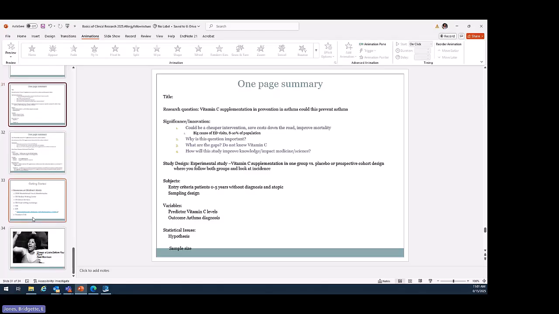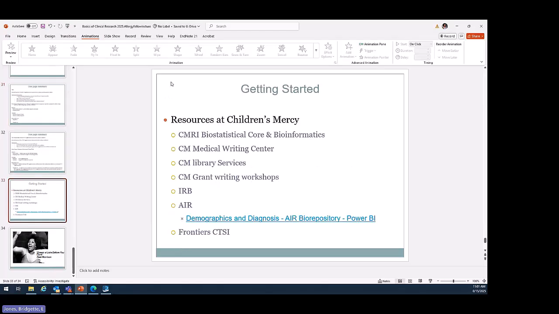So with that, I just wanted to share some resources at Children's Mercy. I mentioned before about meeting with biostatisticians. The CMRI has a biostatistical core, and they actually have funding where they can help work on trainee projects. So I would suggest reaching out to them if you have those types of needs.